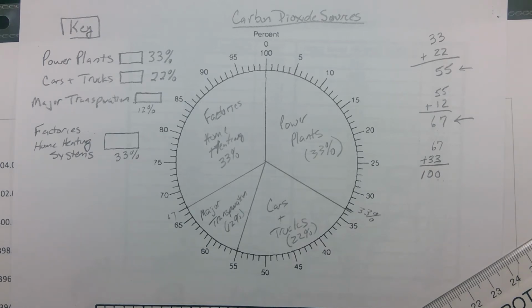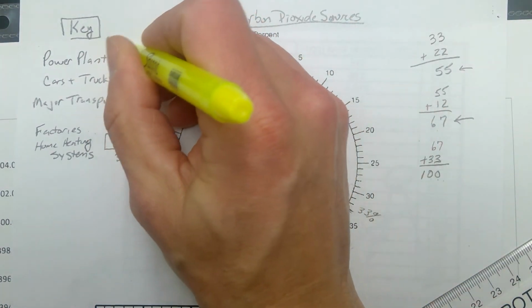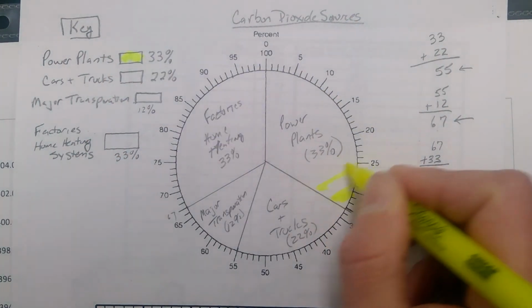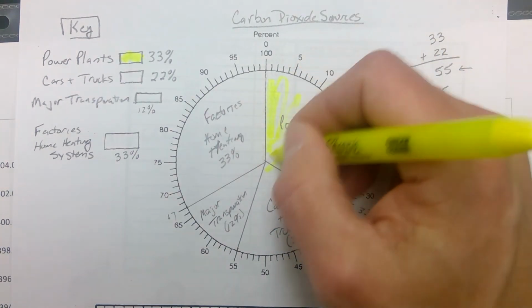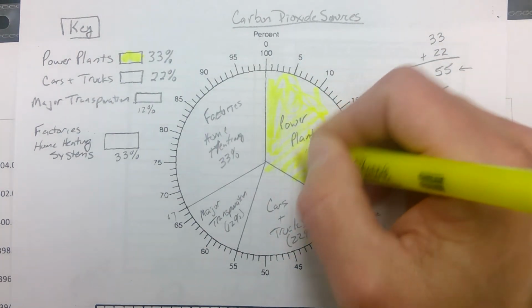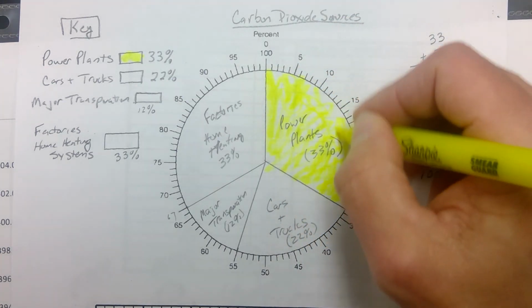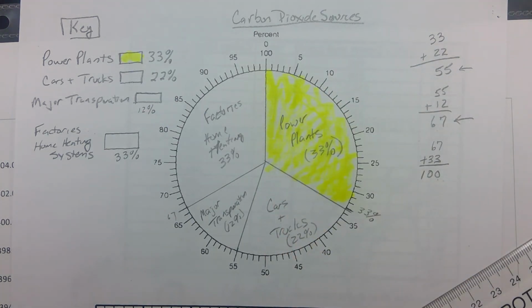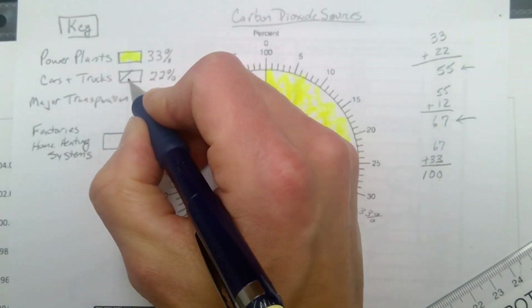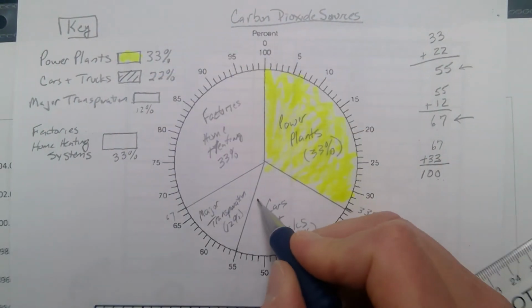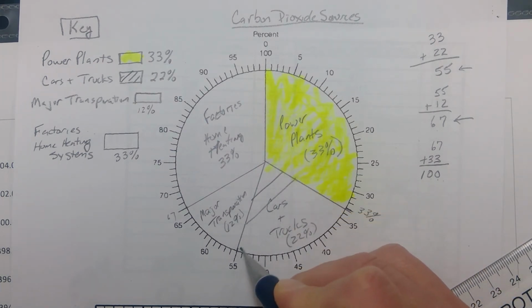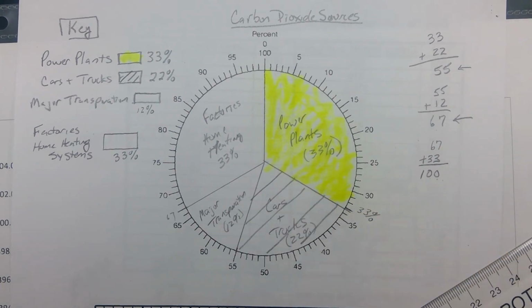If you'd like, you can always take highlighters. All right, I might do the power plants in yellow, and then I would highlight this entire wedge. Okay, so 1/3 of all of our CO2 emissions, I'm assuming this is for the US, would be from power plants. Maybe I'm out of highlighters, so I could choose a slashy symbol, and I could make this section cars and trucks.